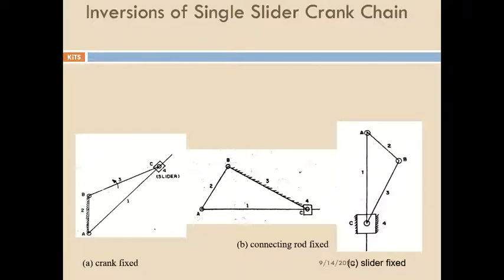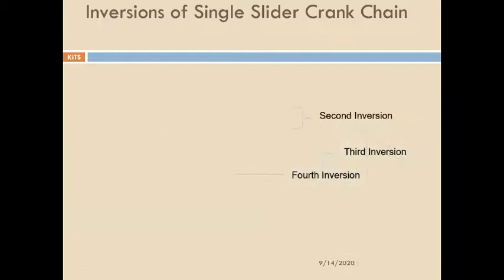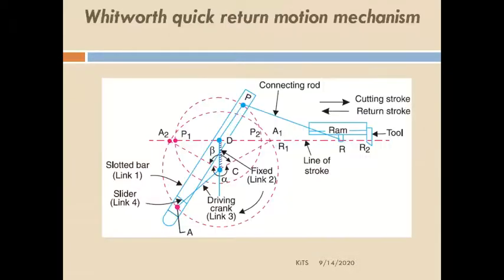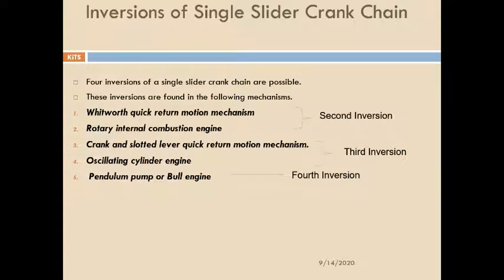Here the slider, that particular guide, is fixed, so this is also called an inversion. These are a few inversions of the single slider crank mechanism: Whitworth quick return mechanism and rotary internal combustion engine. These two mechanisms are also called the second inversion.